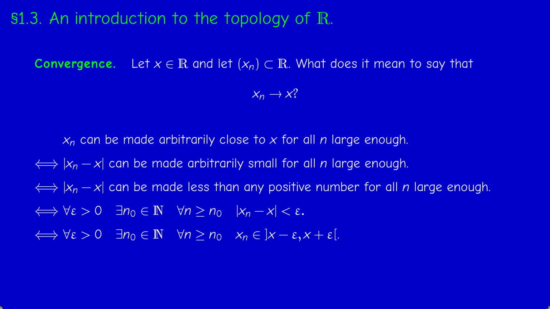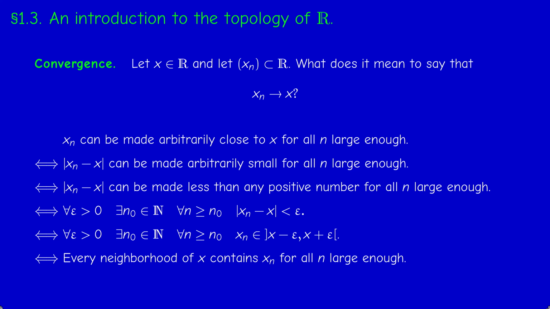We can also restate this in the following way. For every epsilon positive, starting from a certain rank n0, xn will be in the interval (x minus epsilon, x plus epsilon), for n bigger or equal than n0. Now, since (x minus epsilon, x plus epsilon) is a neighborhood of x, and every neighborhood of x contains such an interval, we can restate this condition in the following way.